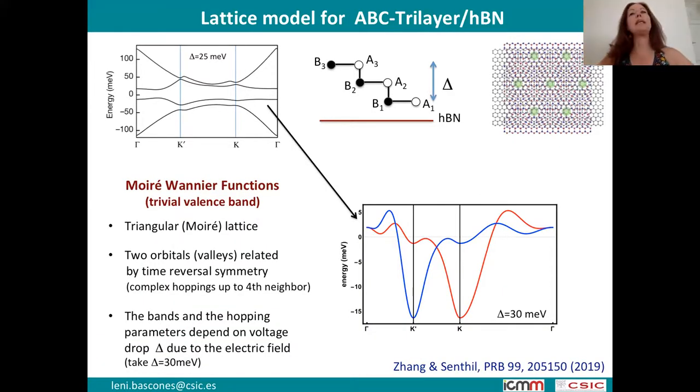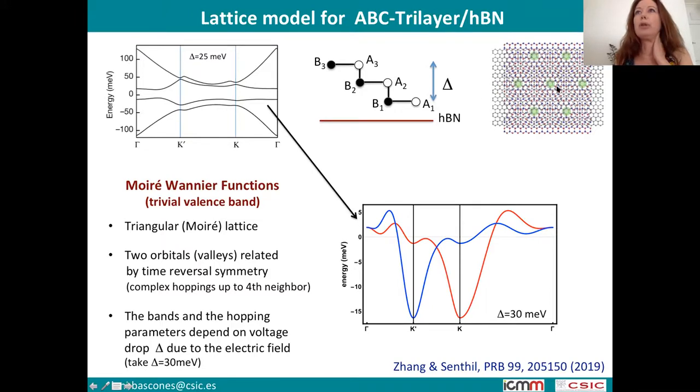So, to study the system, I'm going to start from a lattice model for this valence band. This lattice model is based on Wannier functions for the Moiré, and it was proposed by Senthil and collaborators a couple of years ago.